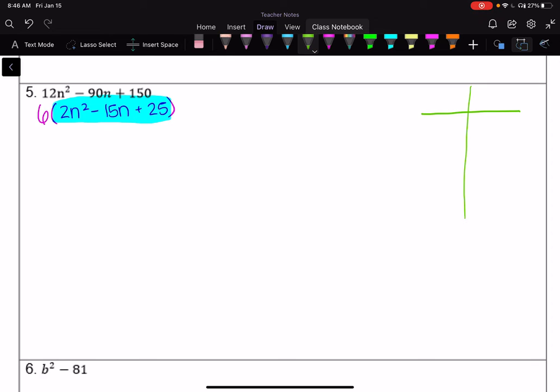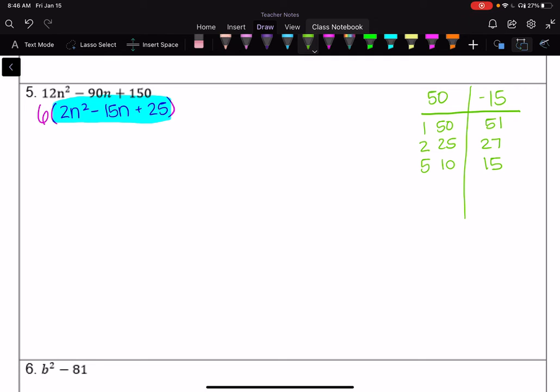A times c here is 50 and b is negative 15. My factor pairs are 1 and 50, 2 and 25, 5 and 10. We see that 1 and 50 gives me 51, 2 and 25 gives me 27, and 5 and 10 gives me 15.